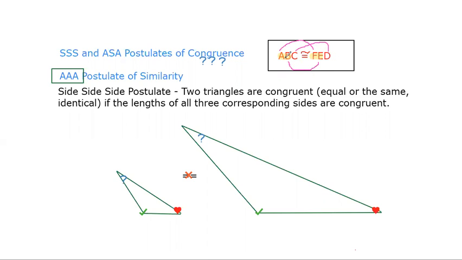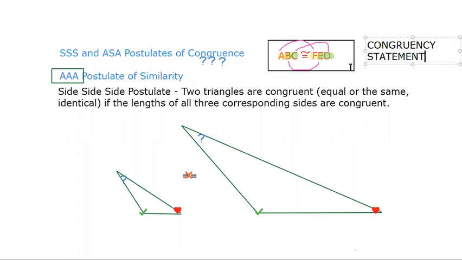I know that segment AB or side AB is the same exact length as side FE. I also know that side BC is the exact same length as side ED because of the order in which the vertices were listed in what we call the congruency statement.